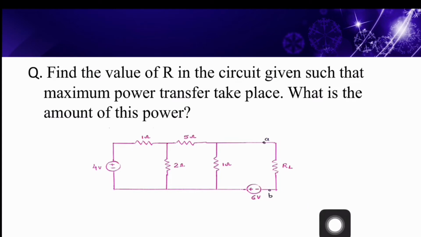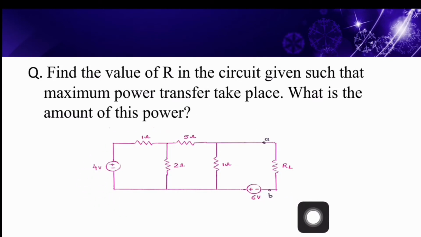By maximum power transfer theorem, a source network delivers maximum power to a load resistor when the load resistor value is equal to Thevenin equivalent resistance of the source network. So what we are going to do is first we find out the Thevenin equivalent circuit of this network.